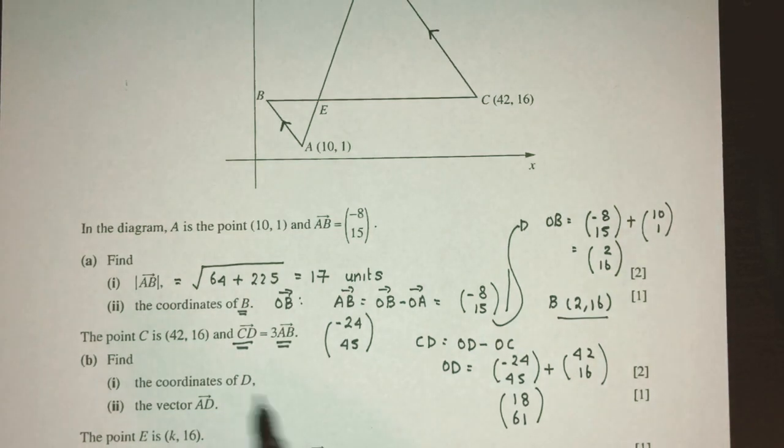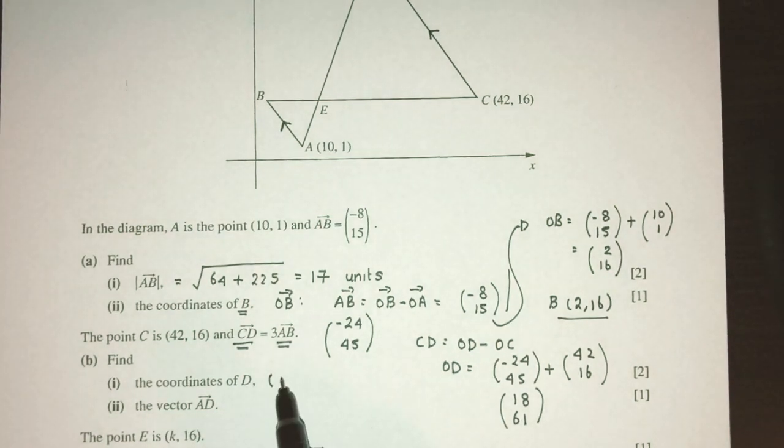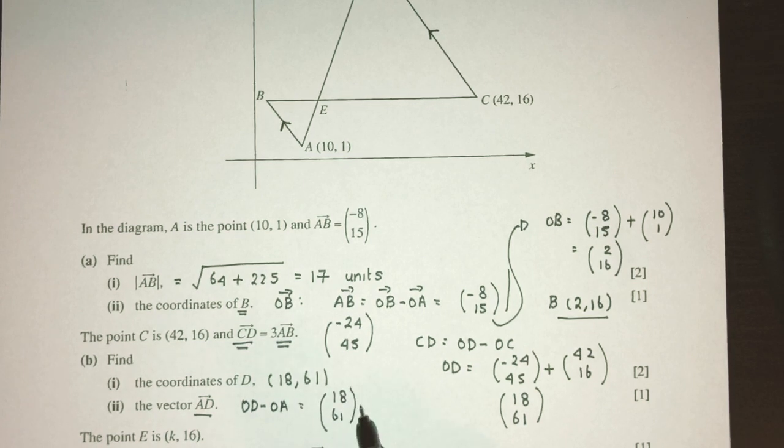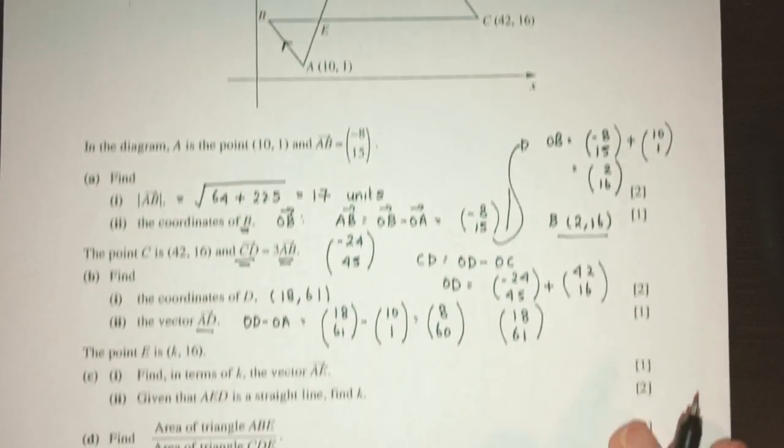So OD will be this one, the point D will be (18, 61). So here we have to find the vector AD. So AD will be OD minus OA. So OD will be (18, 61) minus OA, which is given by (10, 1). That will be (8, 60). That is your answer for part 2.